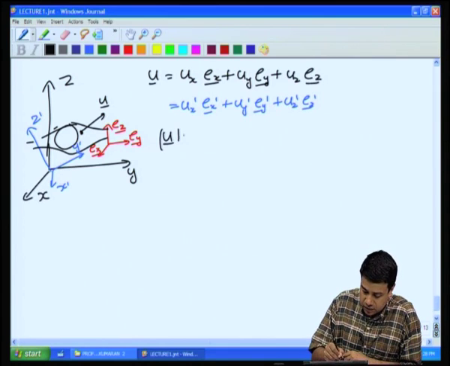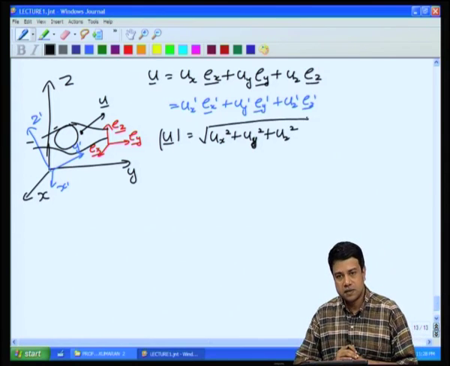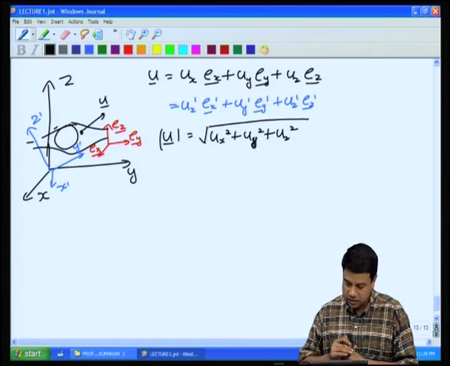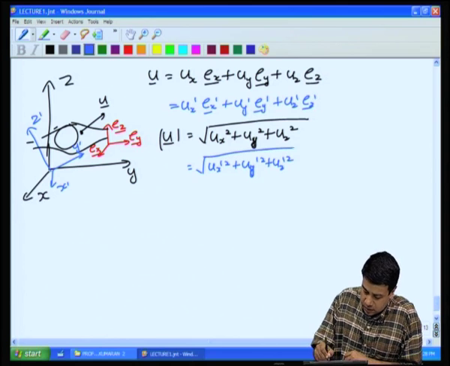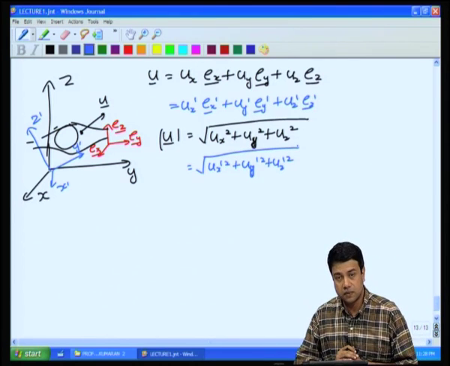magnitude of a vector is independent of the coordinate system used.